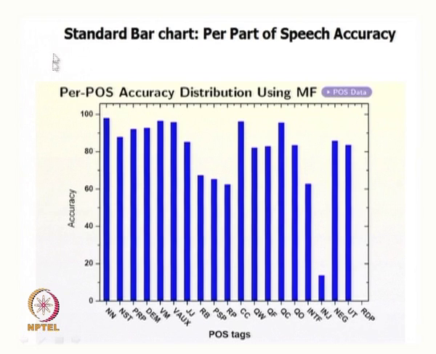So, this graph here shows the accuracy values for different part of speech tags. We need not be concerned with what the corpus was. This corpus actually was some tourism documents in Marathi, and the part of speech tagger is a Marathi part of speech tagger.